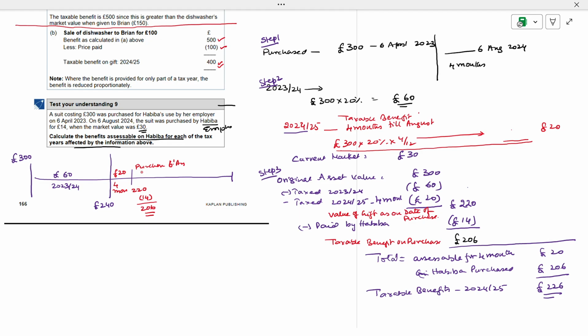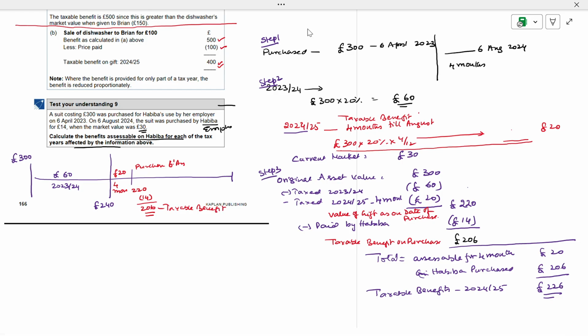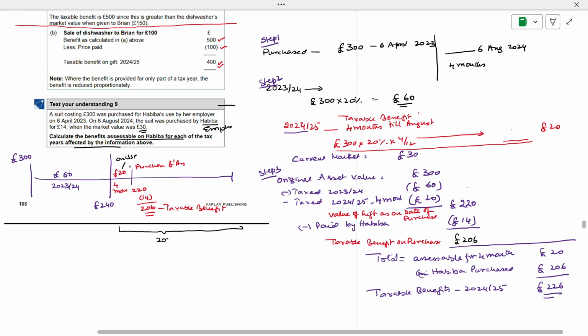This is the taxable benefit. This is the tax, and see how much they have paid. They had a taxable benefit last year of 60, and a taxable benefit on the use. How much is this? 20. Now, if you take it into consideration for 2024-25, 20 plus 206, how much does it come to?